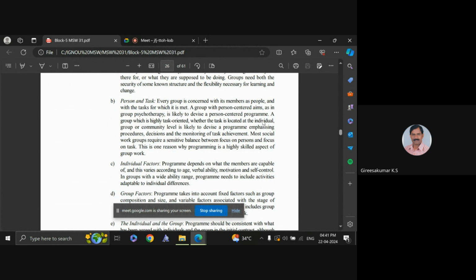Also, in groups with a wide ability range, the program needs to include activities adaptable to individual differences.